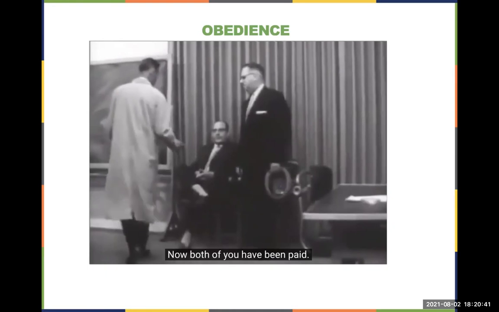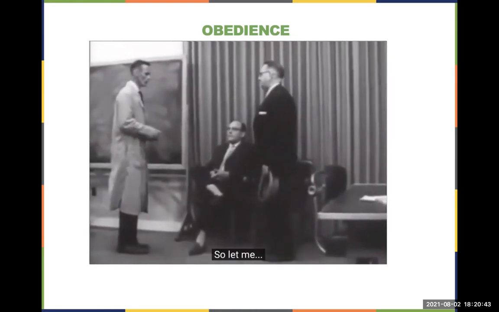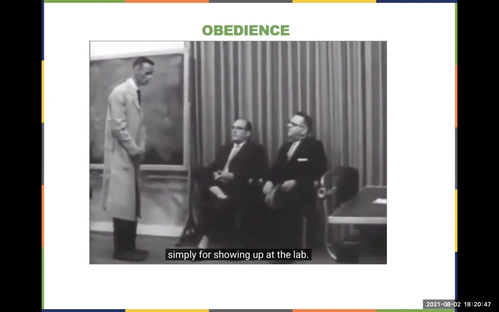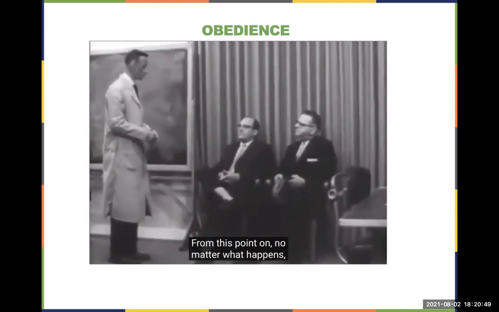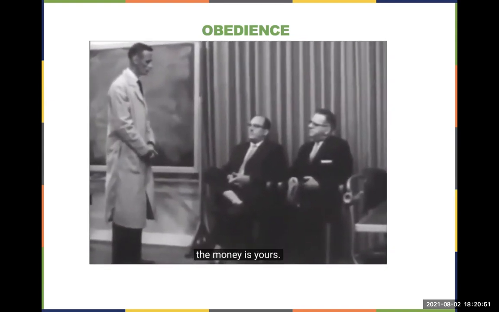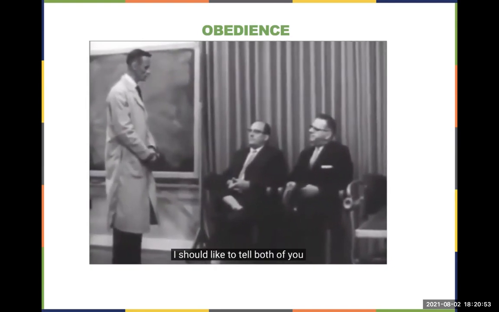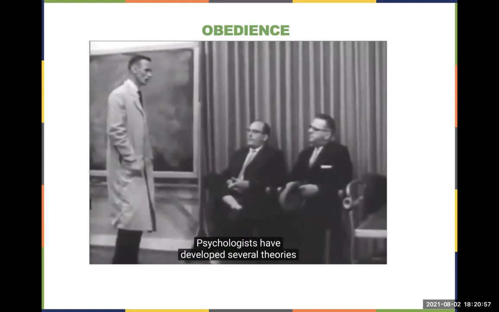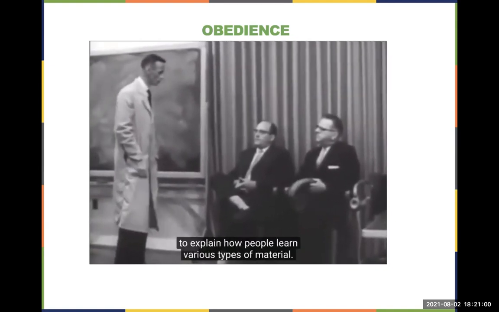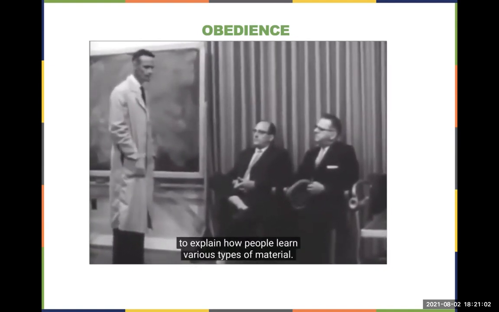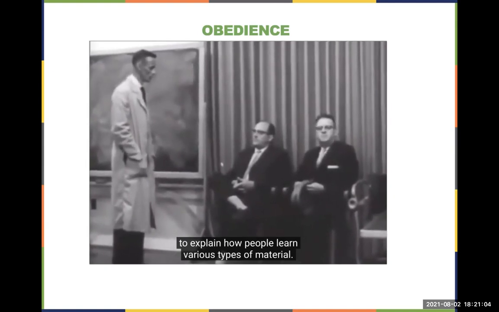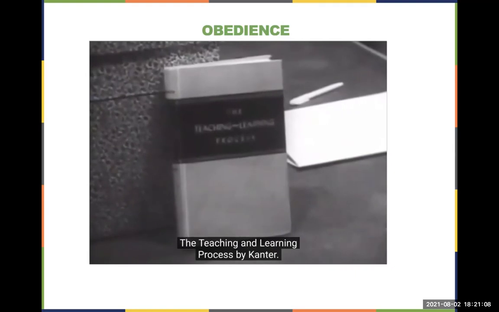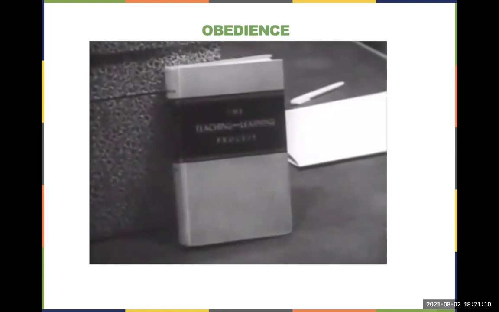Right here. Now, both of you have been paid, so let me sit right down. Let me say that the checks are yours simply for showing up at the lab. And from this point on, no matter what happens, the money is yours. I should like to tell both of you a little about the memory project. Psychologists have developed several theories to explain how people learn various types of material. Some of the better-known theories are treated in the book over there, The Teaching and Learning Process by Cantor.